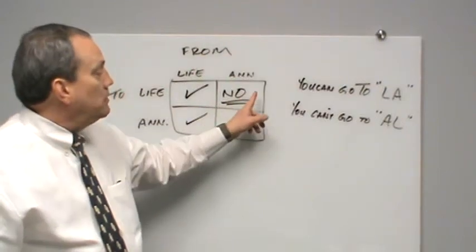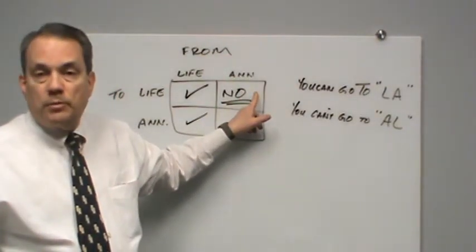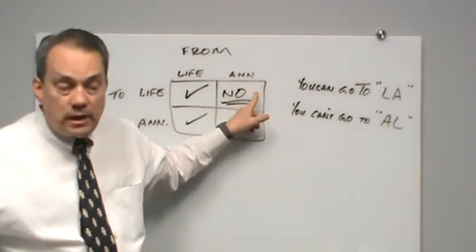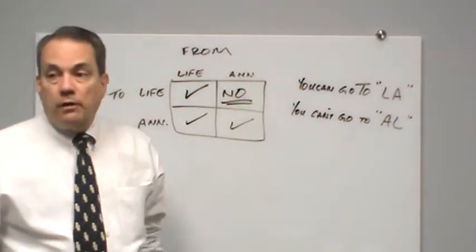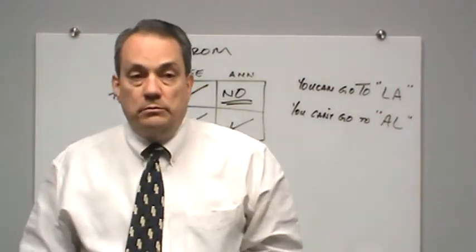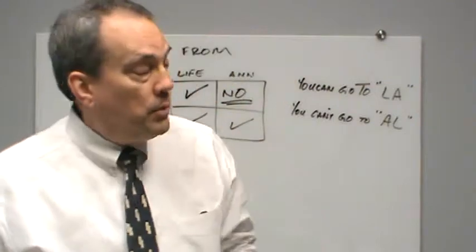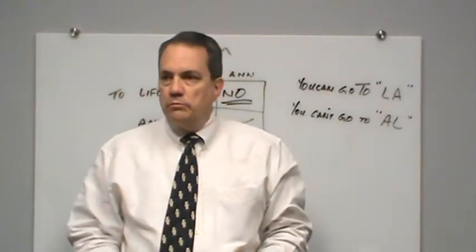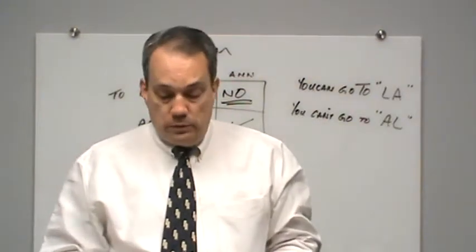But you can't do this because what you're doing is you're going from a situation where the IRS has a payday to where the IRS is not going to have a payday, and they didn't fall off the turnip truck last week. They're not going to miss out on a payday. So that's it, simple. But the way to remember it, let's go to LA. Go on vacation. Don't go to AL. Don't do that. All right.